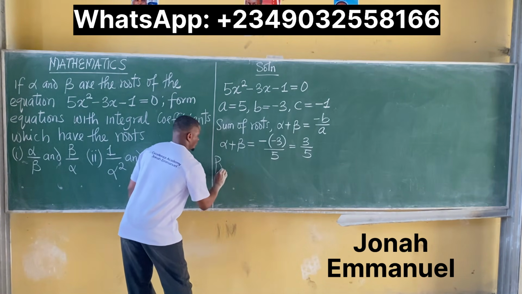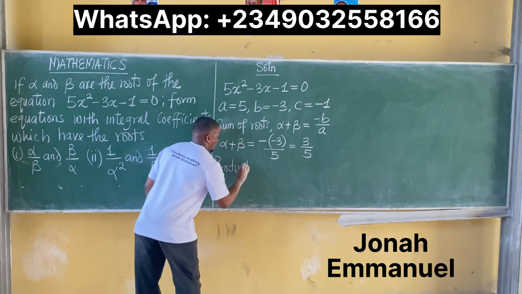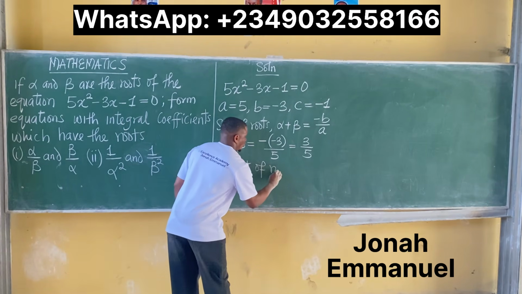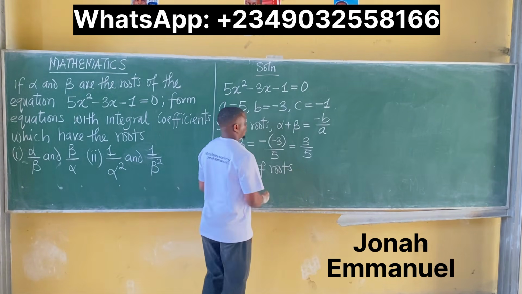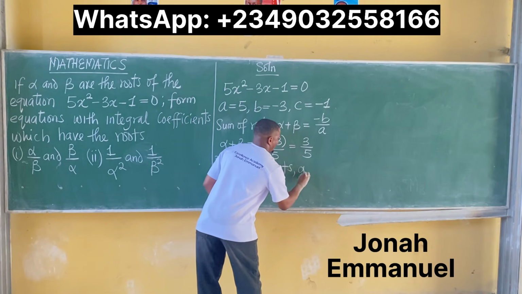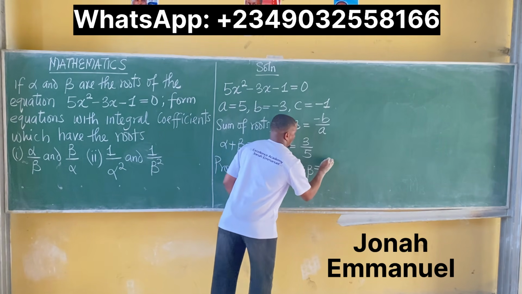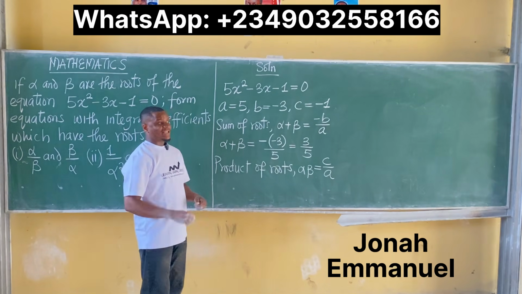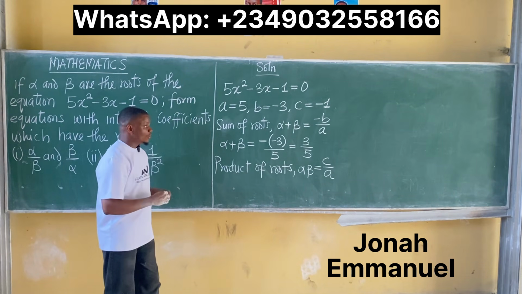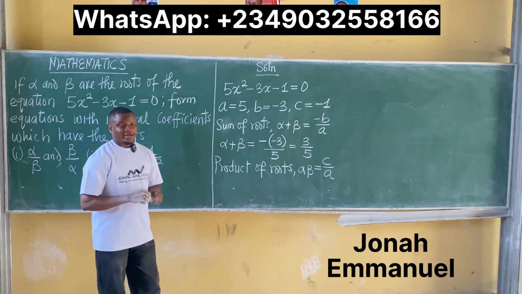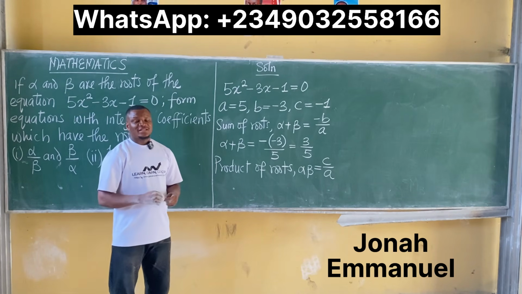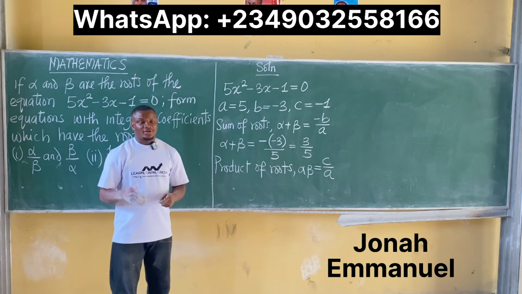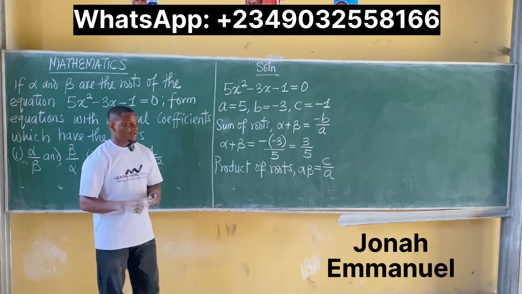Let's get the product of roots. The product of roots is given by alpha beta, and we said this is equal to c over a. These concepts have been explained in our previous class on quadratic equations. I'll leave a link to our previous class in the video description.